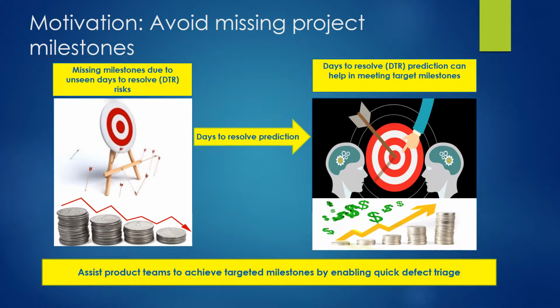This negatively impacts successful delivery of a product, resulting in loss of revenue and customer dissatisfaction. In this study, we have observed that predicting defect resolution time can alleviate the risk of missing targeted milestones. Through this study, we assist the product development teams to achieve targeted milestones by enabling quicker defect triage.